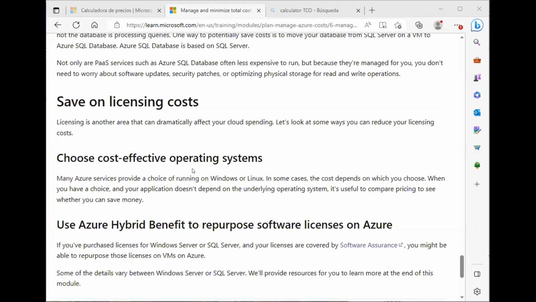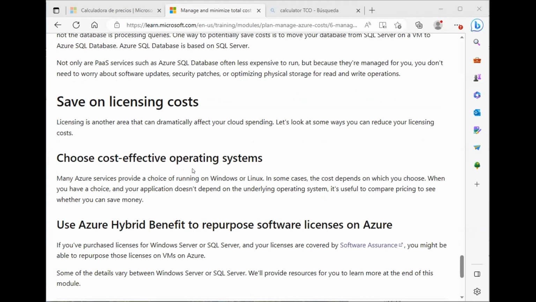Okay, further on licensing costs. Licensing is another area that can dramatically affect your cloud spending. Let's look at some ways you can reduce your licensing costs. Choose cost-effective operating systems. Many Azure services provide a choice of running on Windows or Linux.